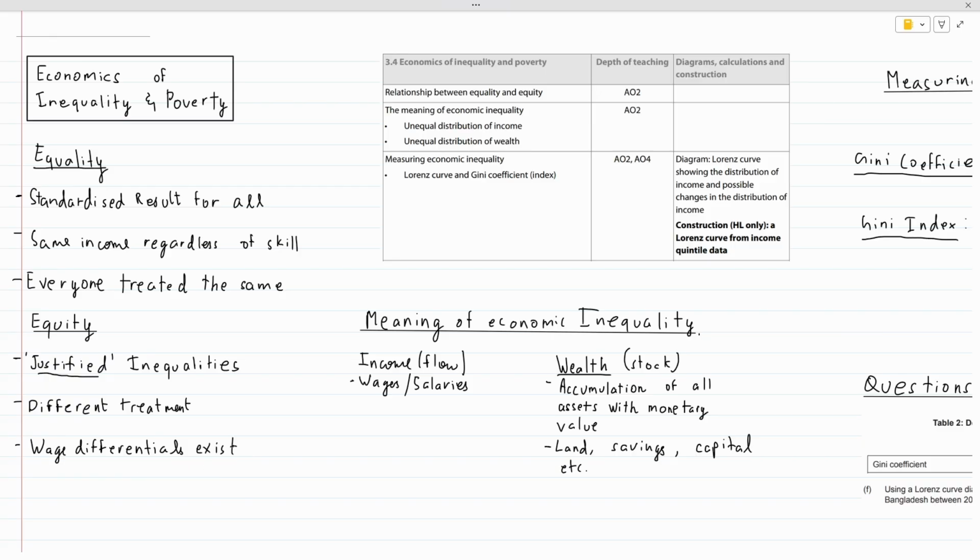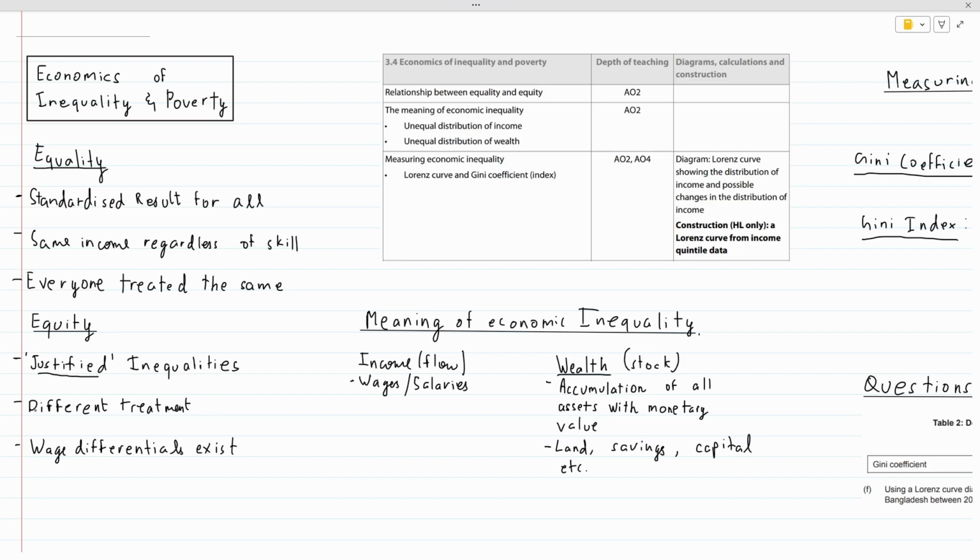Now, this would lead to wage differentials, which, though not equality, are a part of equity because they are treated based on the amount of hard work and the value they're providing to society. So, in this case, context matters, and we look at the idea of fairness.